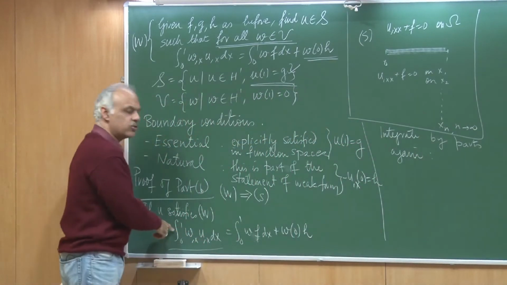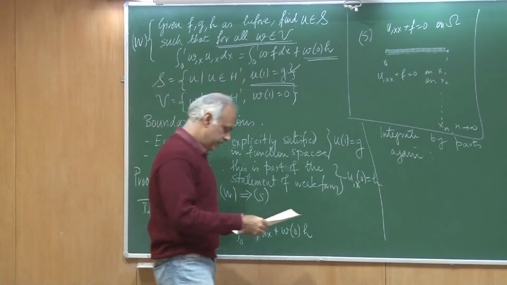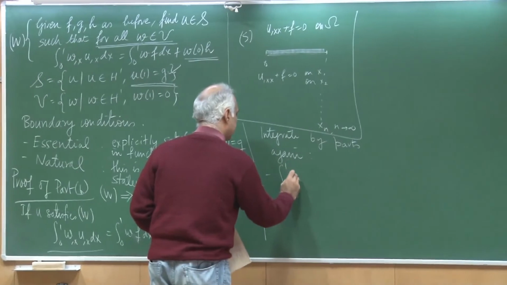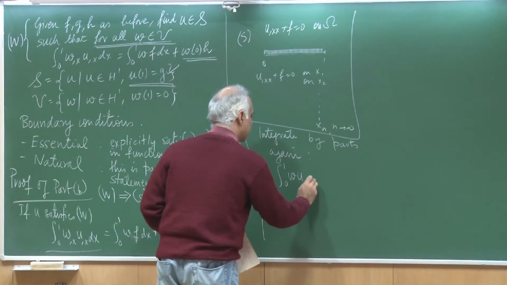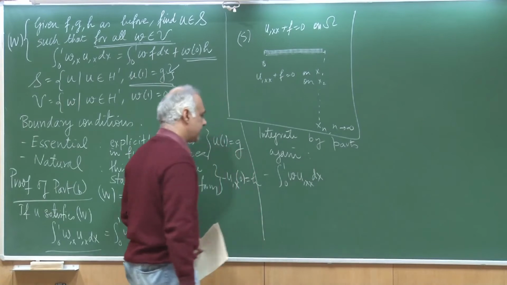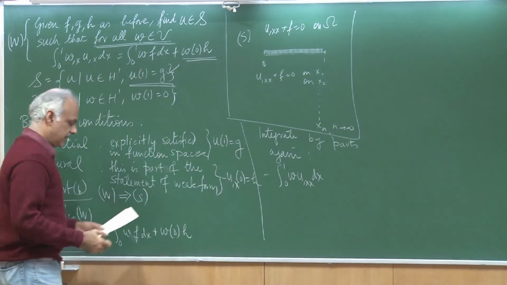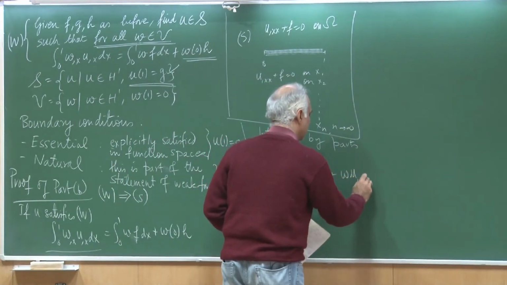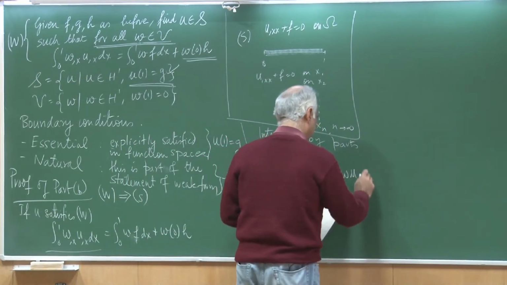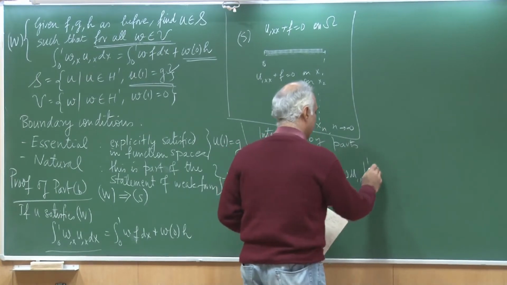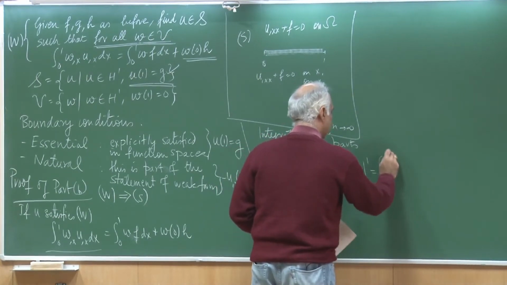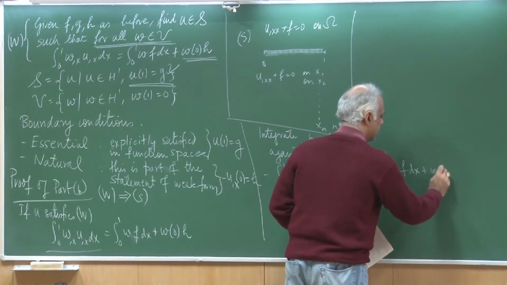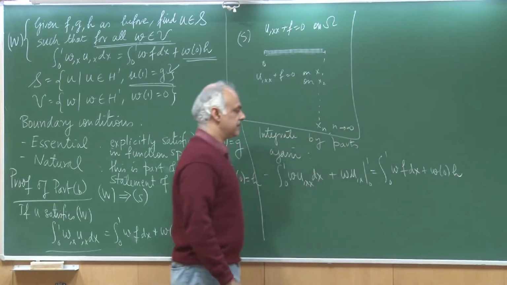So, I am going to generate two terms out of it, and let me write them down for you. The first one would be integral 0 to 1 w times u comma xx dx, that is the first term, and then there would be another term, w u comma x from 0 to 1, and this would be equal to integral 0 to 1 w f dx plus w0h.